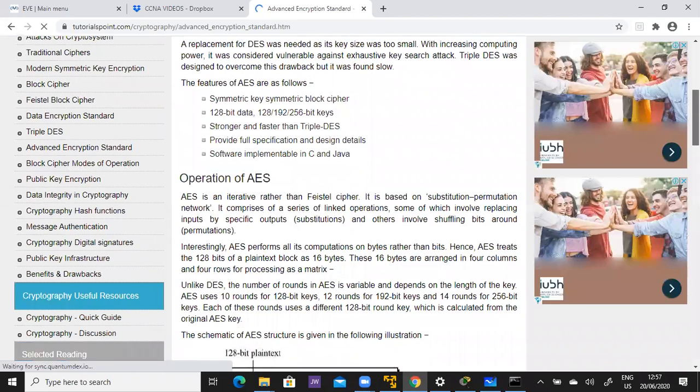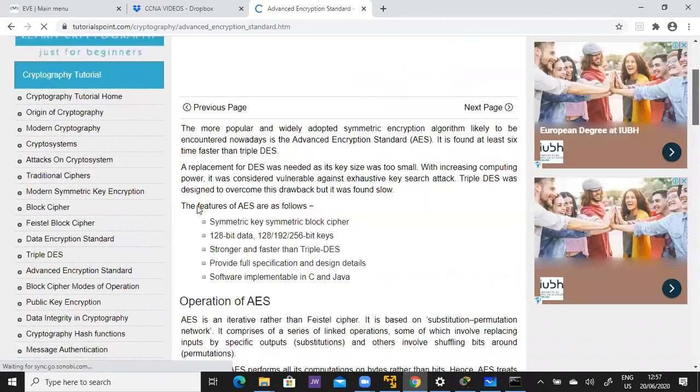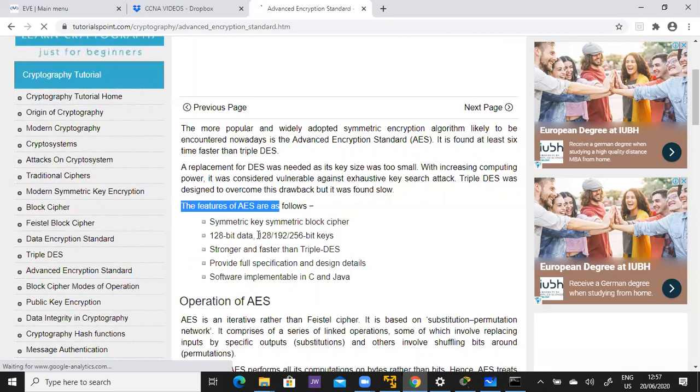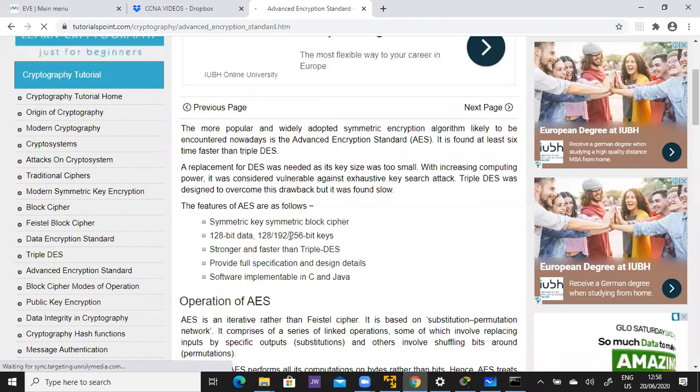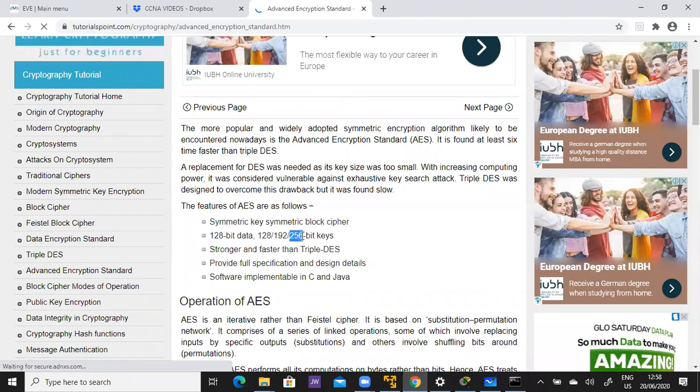Okay, so AES, it says the features of AES are as follows. You can have AES 128-bit, you can have AES 192-bit, and AES 256-bit.